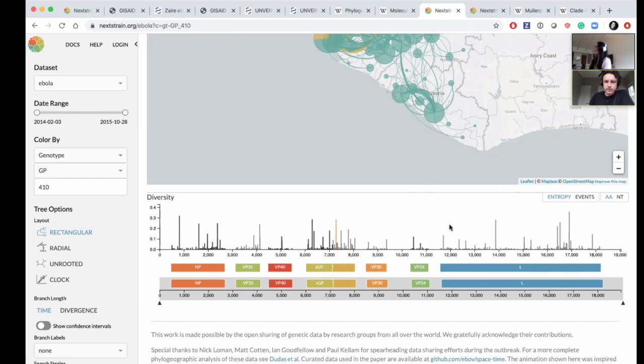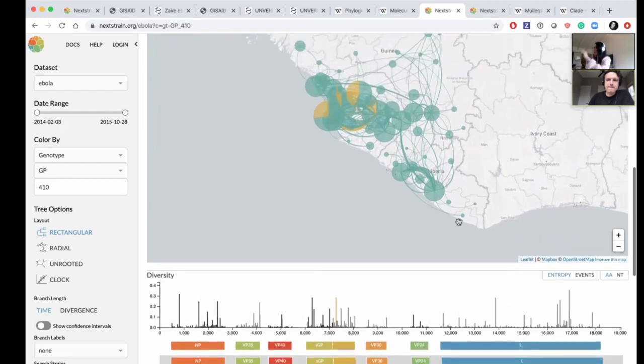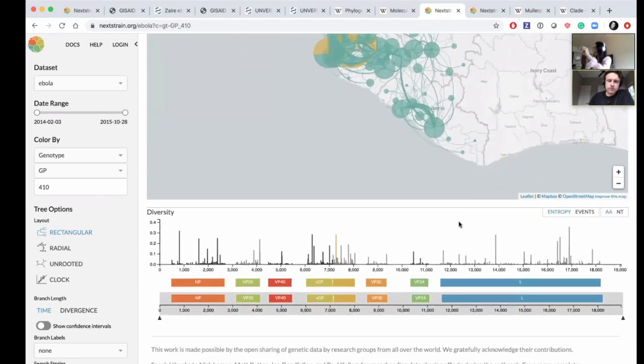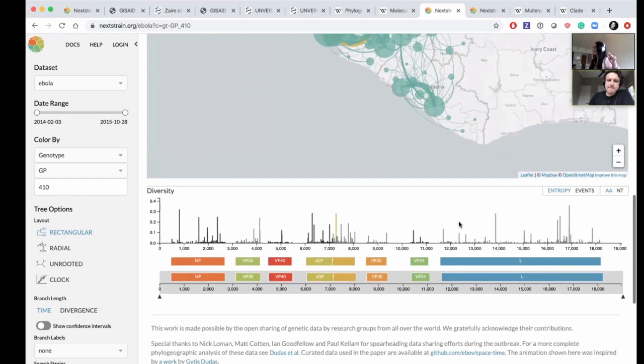Sorry, saying the diversity part, but those little bars that say MP and VP35, is that also the domain specific part, like this part right here? Yeah, that's the domain specific part.